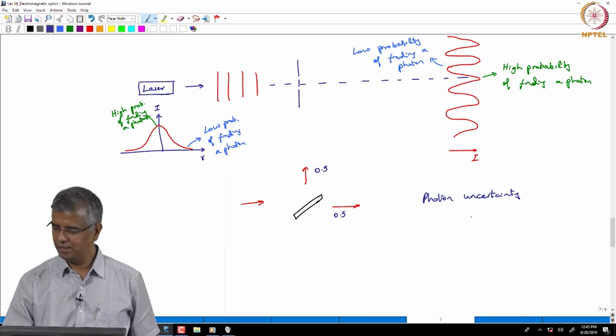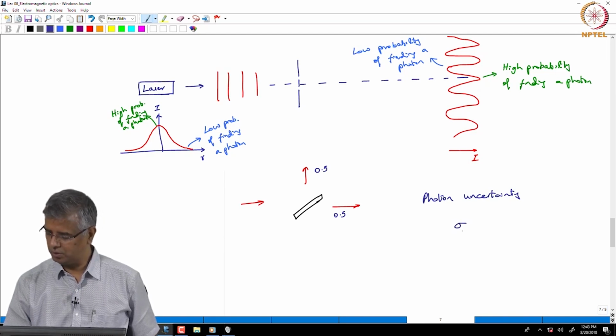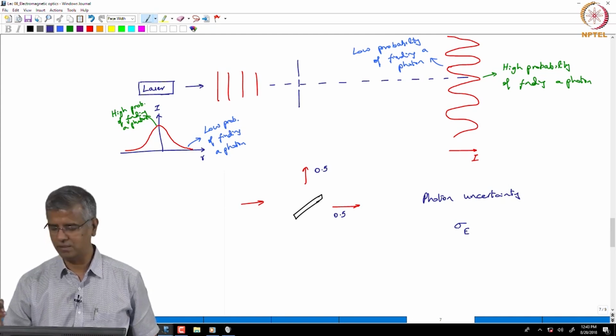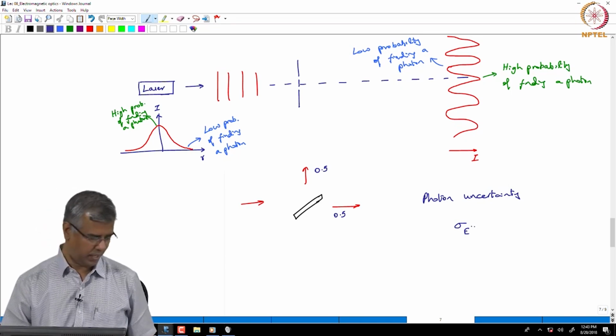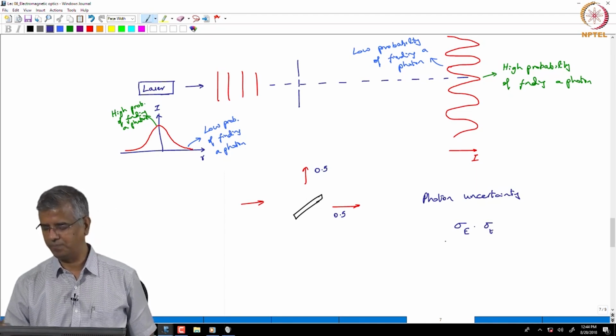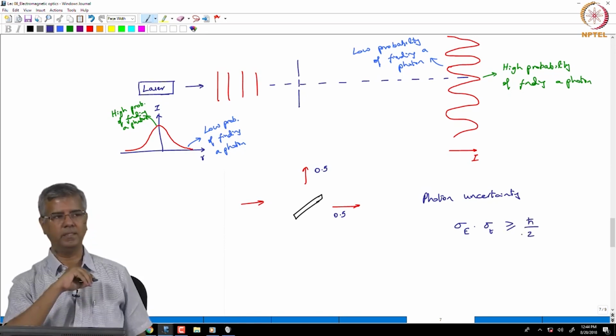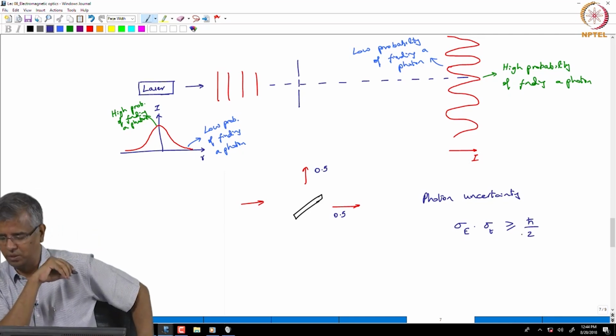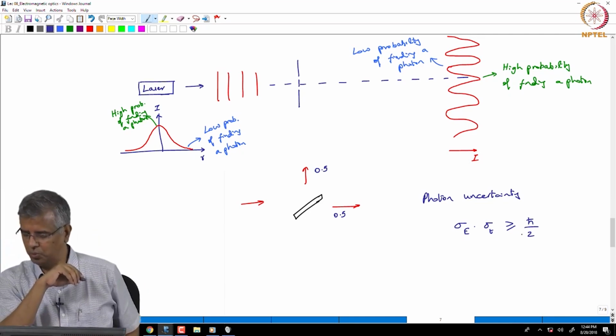Similarly, photons have an uncertainty associated with them: the RMS error, the root mean square error, in finding the energy of the photon multiplied by the RMS error in determining the time at which a photon is at a particular point has to be greater than h bar over 2, where h bar is basically h over 2 pi.